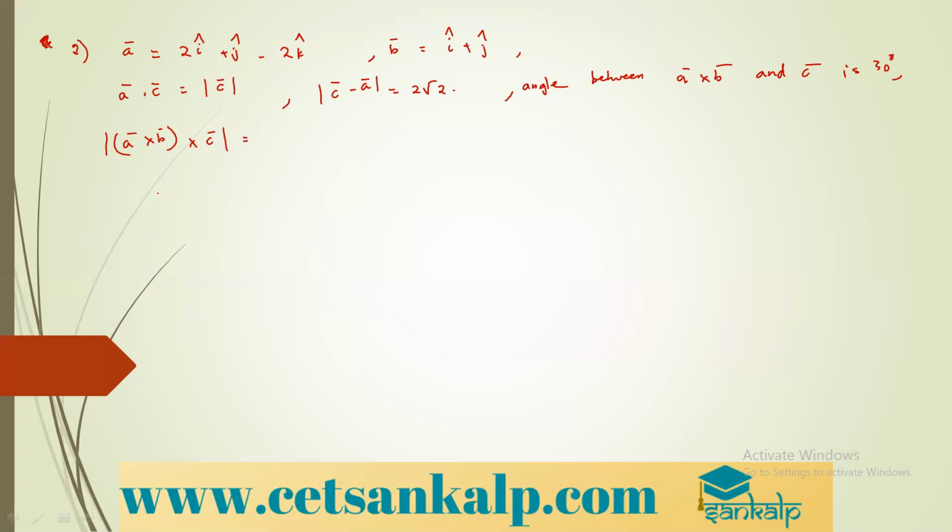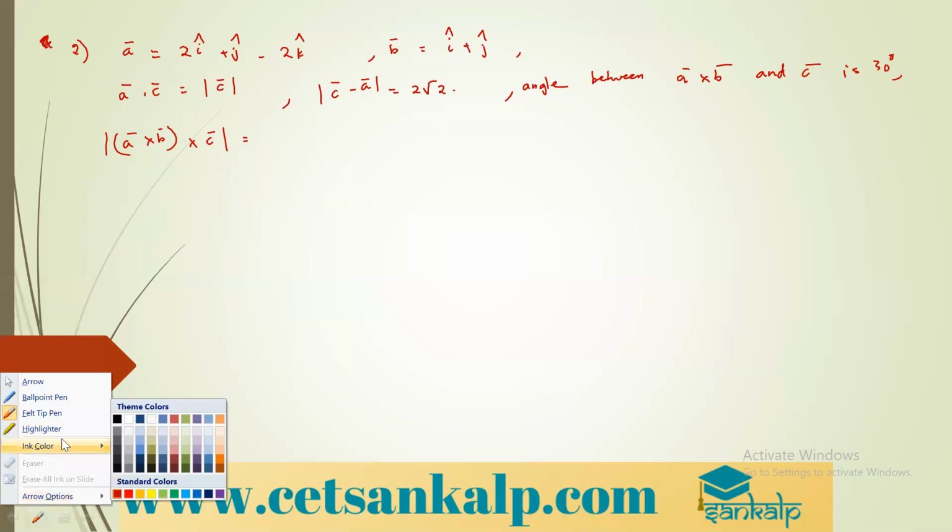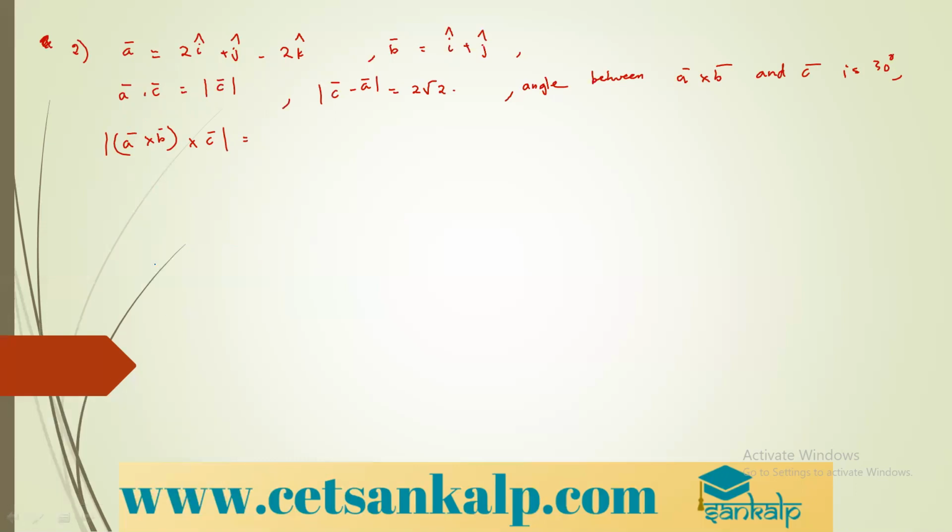So it's looking complicated, isn't it? But if you see the answer, it is very simple. So first thing is we can find what is A cross B. It is ijk, 2 1 minus 2, 1 1 0.